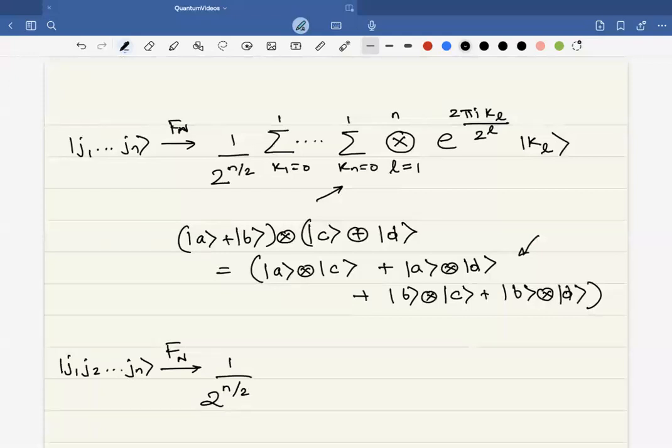And then I'm going to write the tensor first. So this is tensor, going from L equal to 1 to n. And then I'm going to write the summation after that.